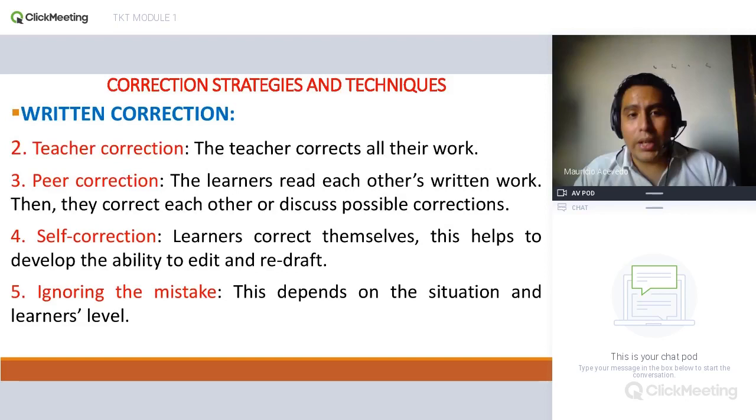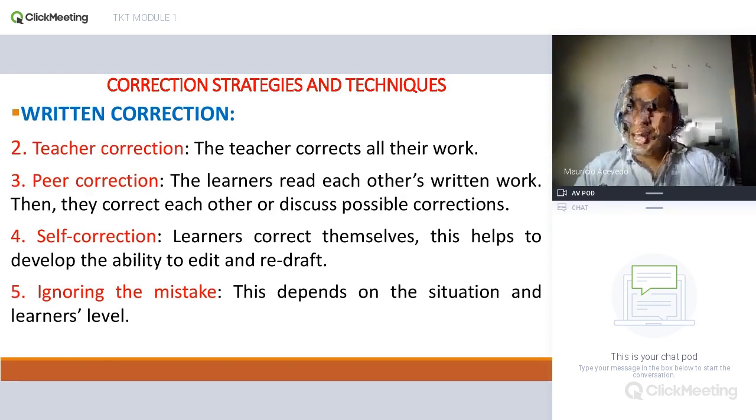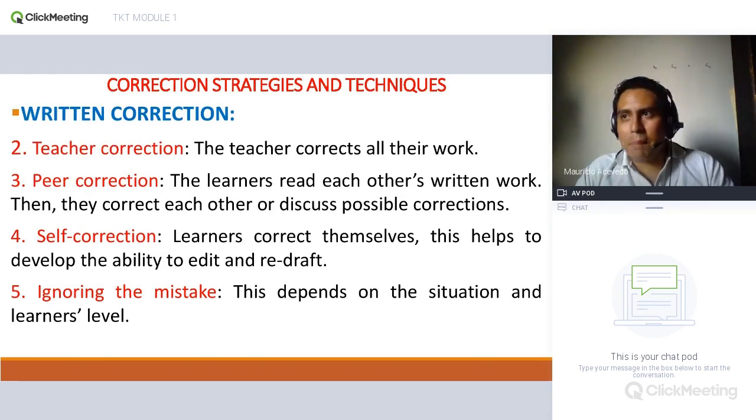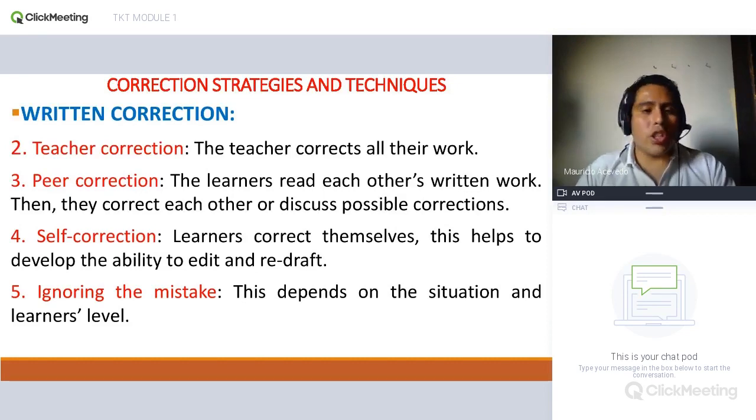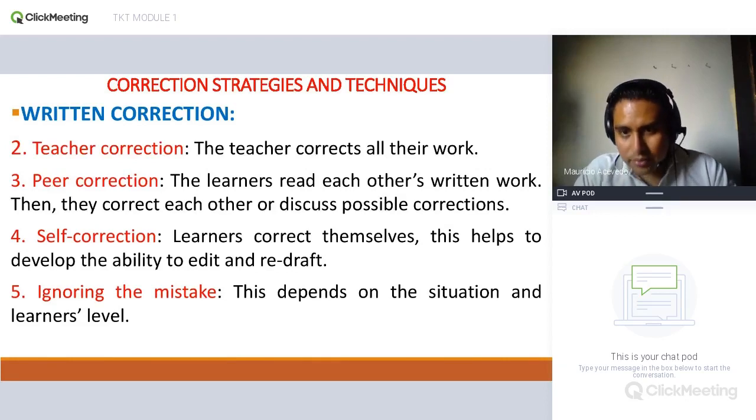And finally, the same as speaking, ignoring the mistake. This depends on the situation and the learner's level, as we have seen, right? So maybe you are asking your students to write a sentence, but obviously your student is from primary and he commits a very, very big mistake, which you would spend the whole day explaining. So you just ignore the mistake, and later on, as the years go by, you recover the situation, right?